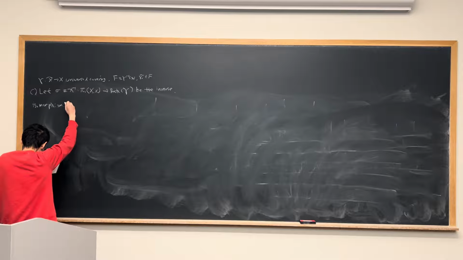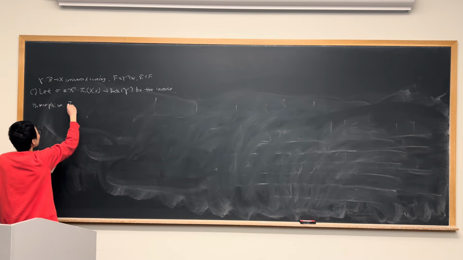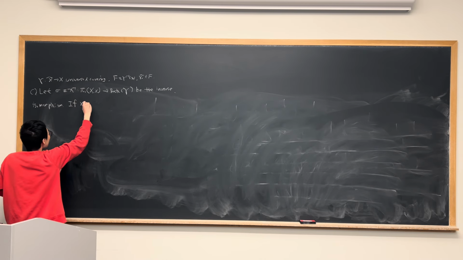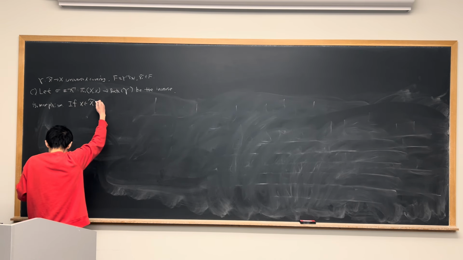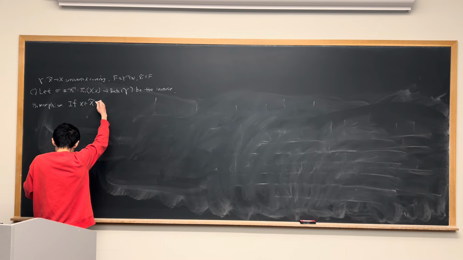So pick a point x in x naught tilde, and then this gamma tilde is a path from x naught tilde to x.